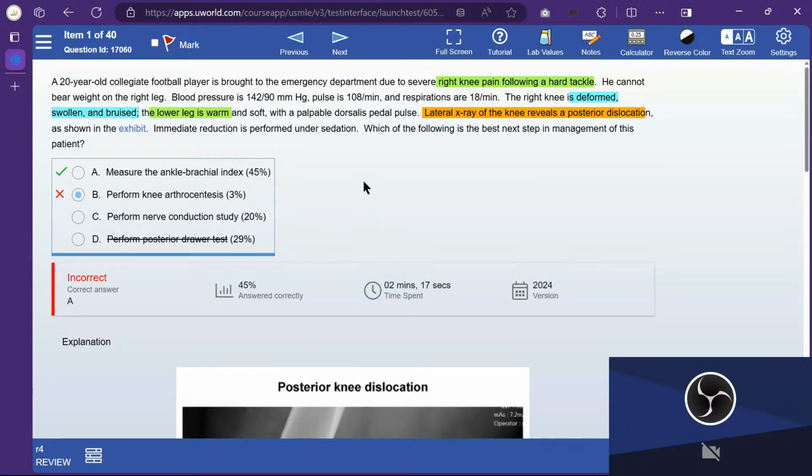What should be the next step? You should look at the pulse. You should measure the ankle brachial index. How will you measure that?